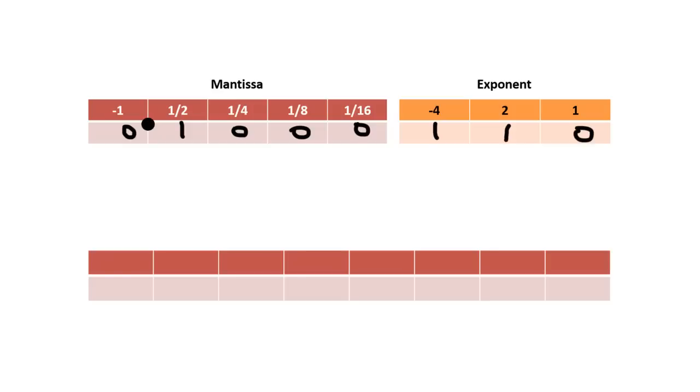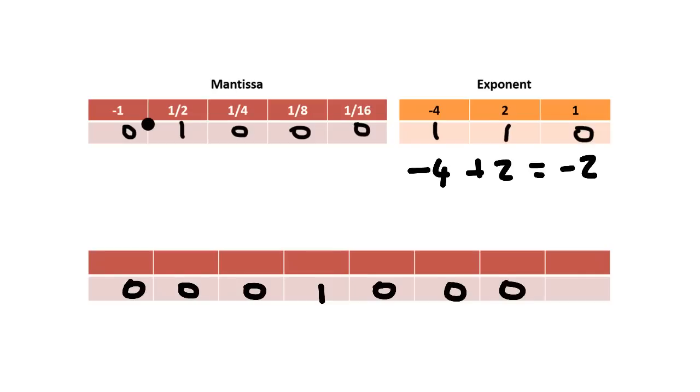Let's look at one more example with a negative exponent. So here we've got -4 plus 2 is going to equal -2. So that means the binary point is going to have to move to the left because the exponent is a negative number. So let's draw that out on the number line. So we've got 0, 0, 0, 1, 0, 0, 0.